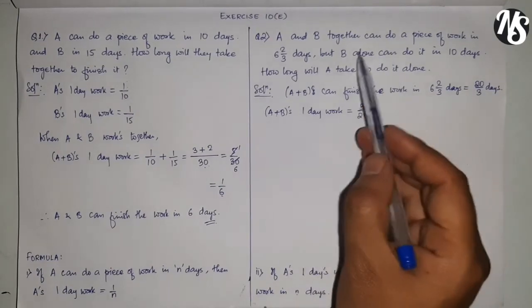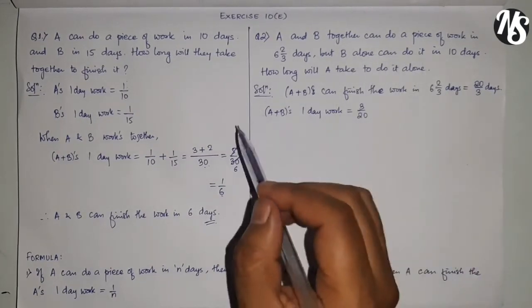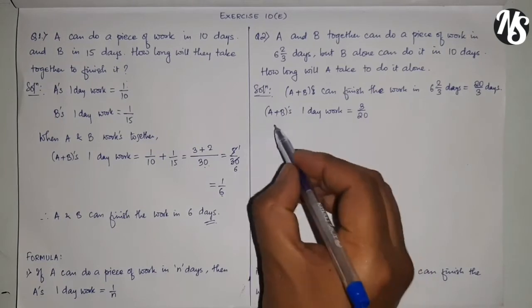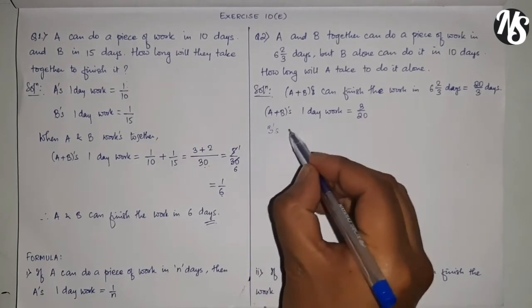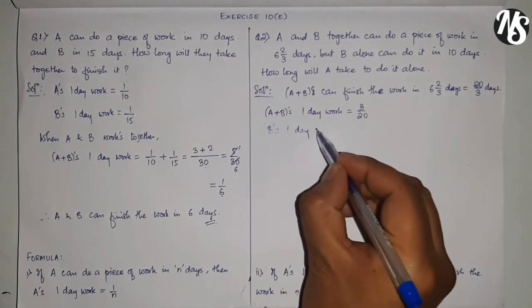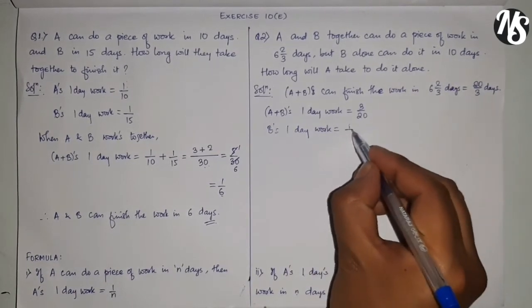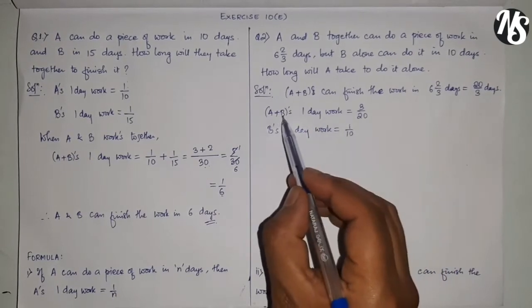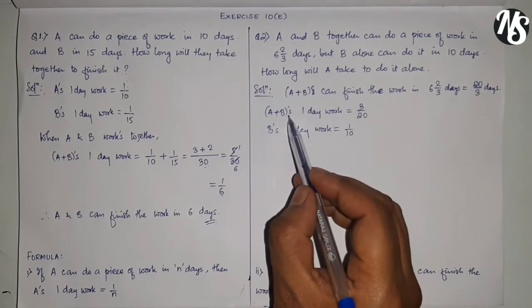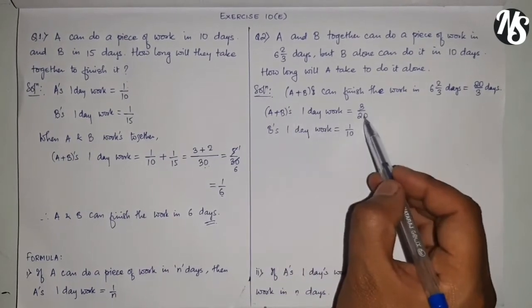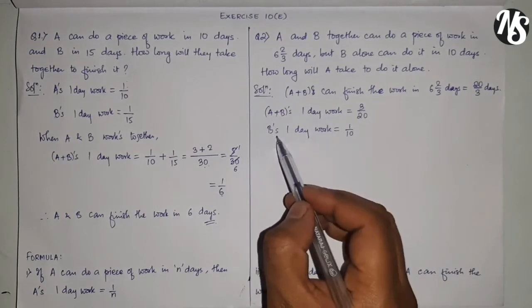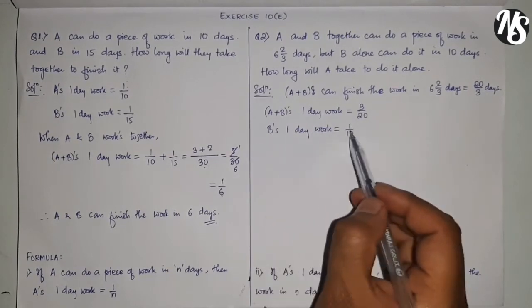Alright, now B finishes the work in 10 days, that's what is given. So B's 1 day work is going to be how much? It will be the reciprocal of 10, which is 1/10. Now, if A and B work together, in 1 day they can finish this much. But if B works alone, then B's 1 day work is this much.